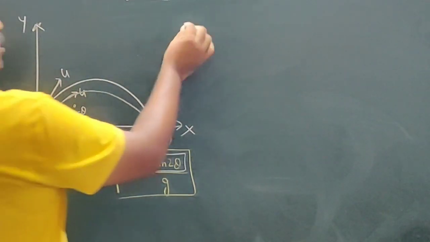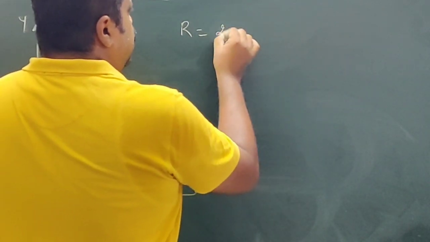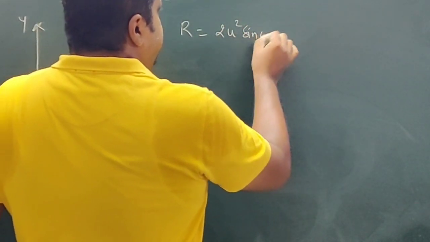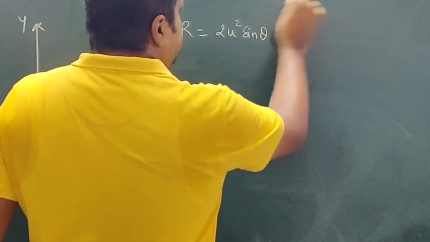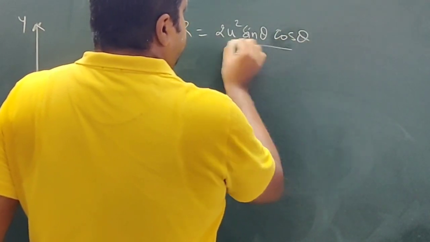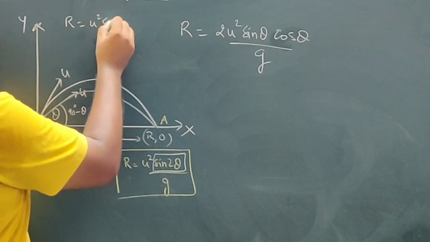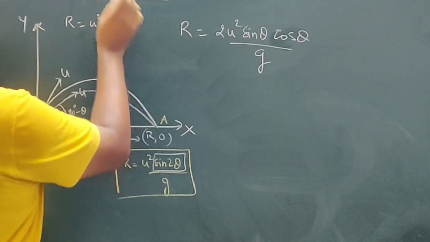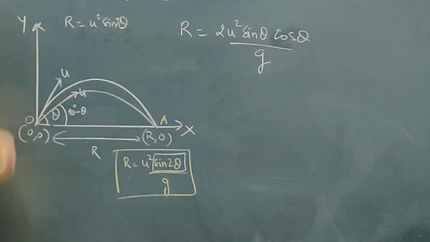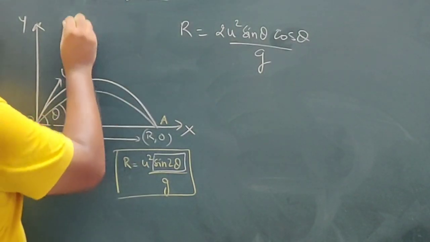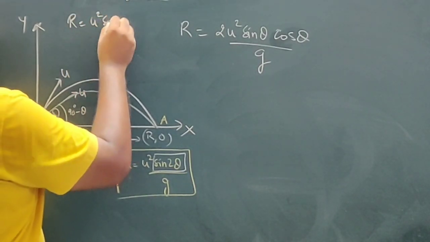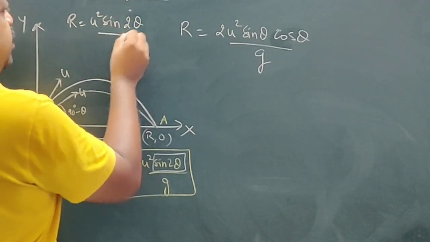Why? Because range R is u square sin 2 theta by g.